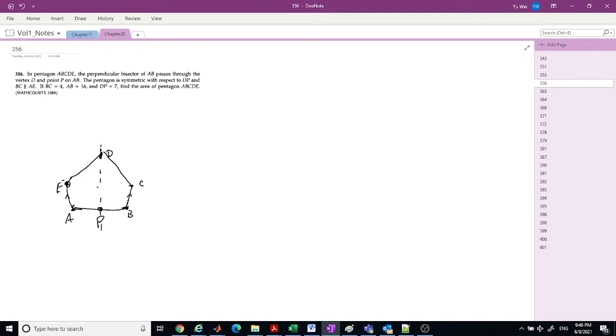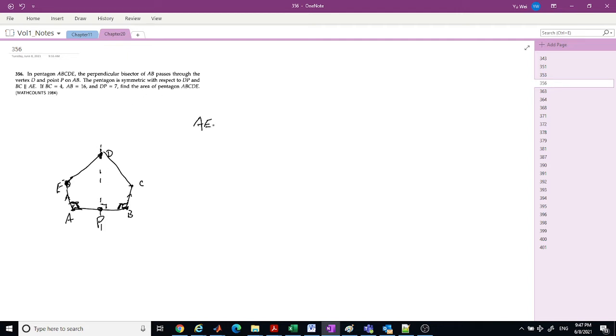So in order to have symmetry, we need this angle equal this angle, and they can be parallel, right? If they are parallel, this must be a right angle. Okay, so when we dig into the shape by symmetry and the parallel, we know this is 90 degrees. And this is also 90 degrees.